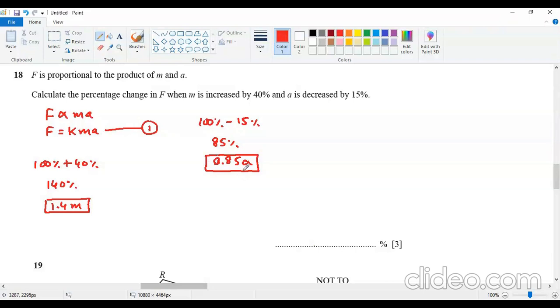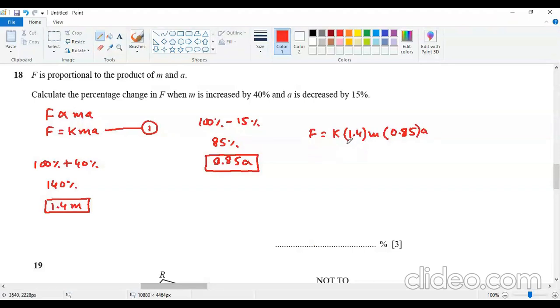Now we know very well that F is equal to k, the value of m is changed to 1.4 m, and then multiplied by 0.85 a, the changed value of a.